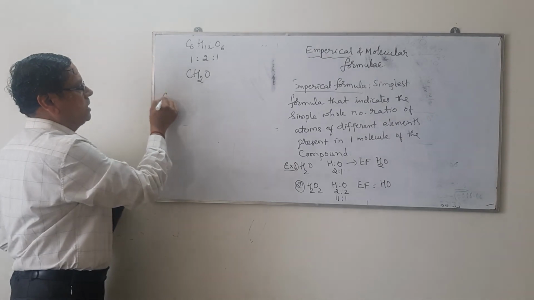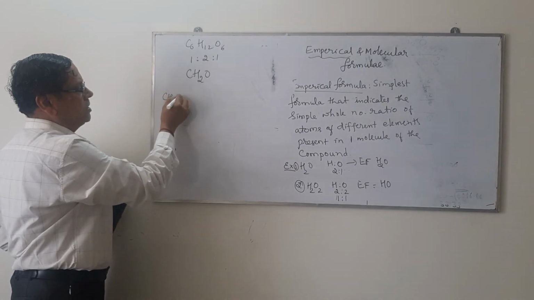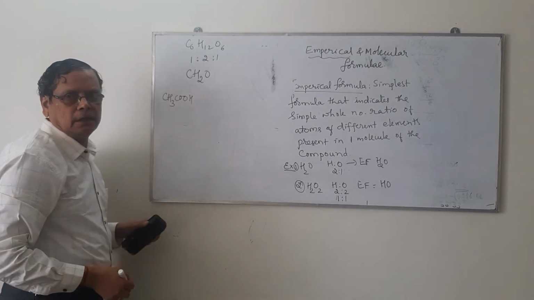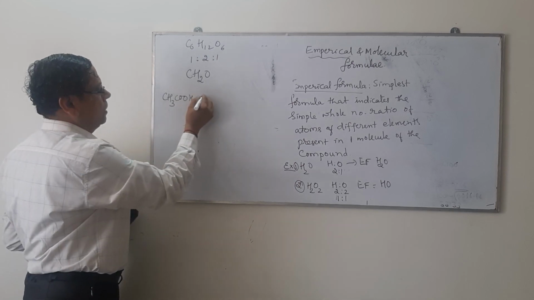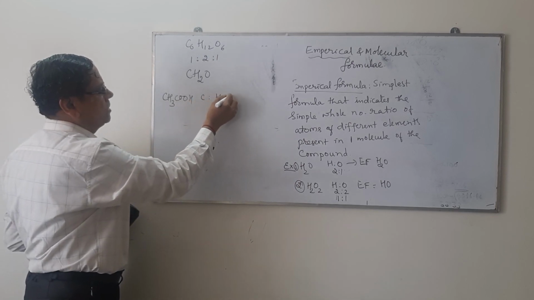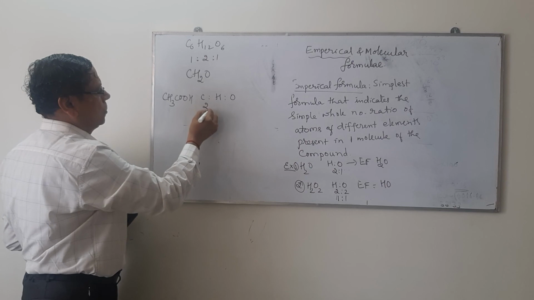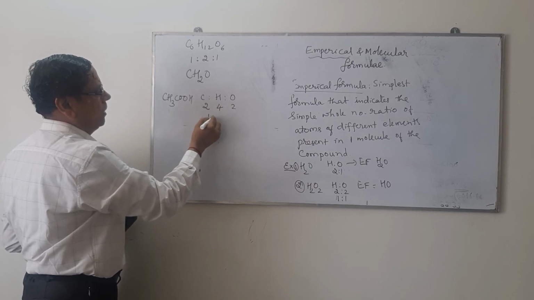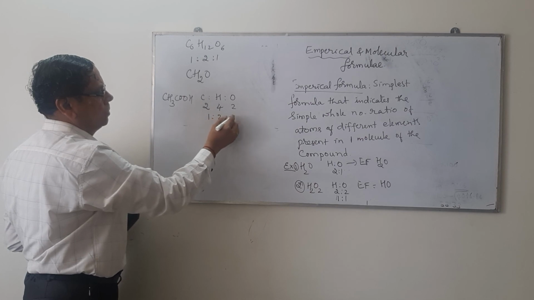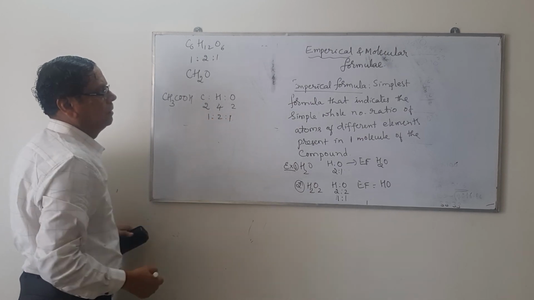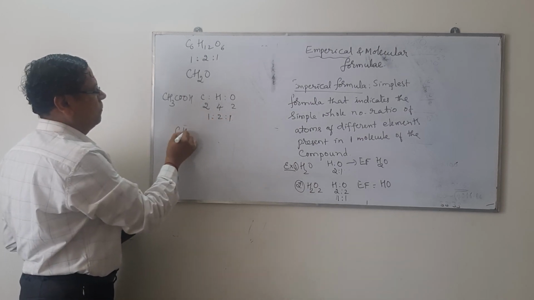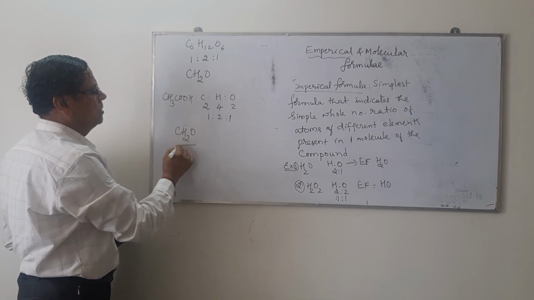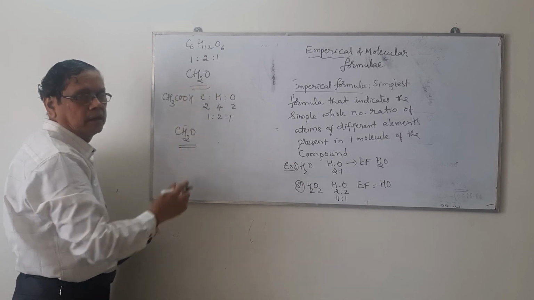In the case of acetic acid, CH3COOH, the carbon to hydrogen to oxygen are 2:4:2. Therefore, it is 1:2:1. That is, the empirical formula for acetic acid is also CH2O.